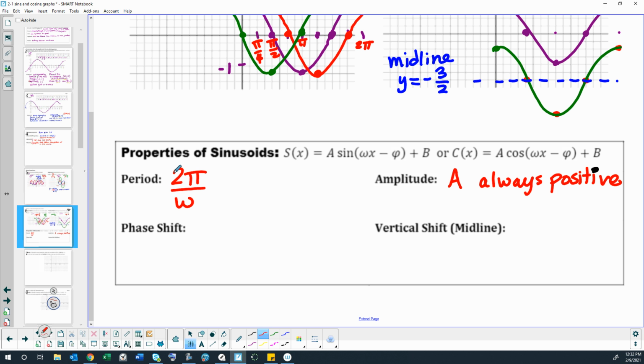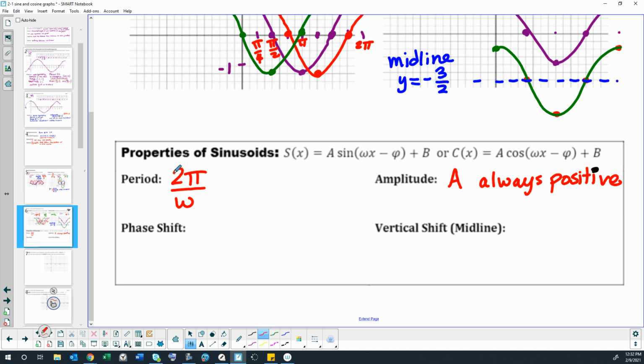It looks like a W, but it's omega. So it's going to be 2 pi divided by omega. Because if you divide by a fraction, it's the same as multiplying by a bigger number, and your period is bigger. But if you divide by a big number, then it makes the period smaller, right? So like in the problem that has a 2 in it, it was 2 pi divided by 2, the period was pi. It was half what it normally is.